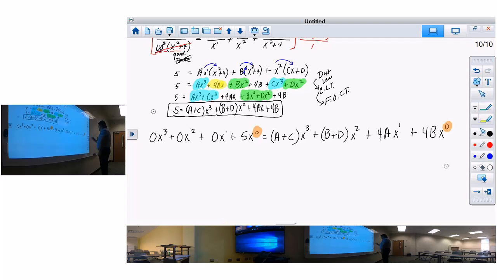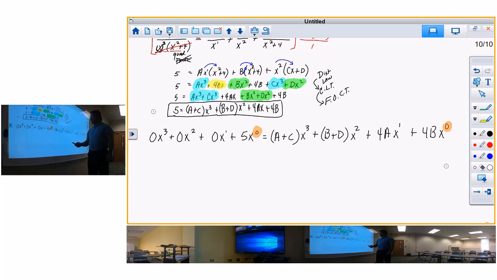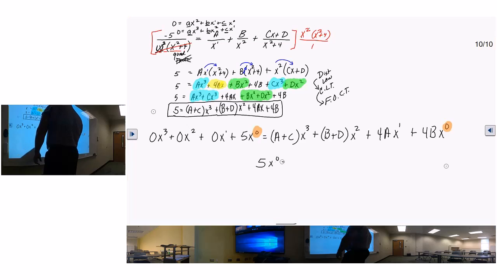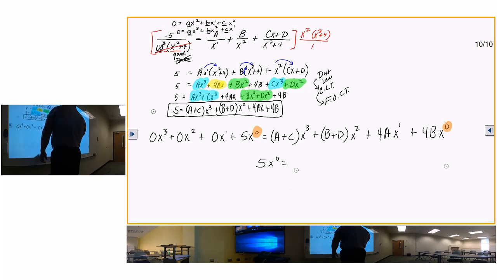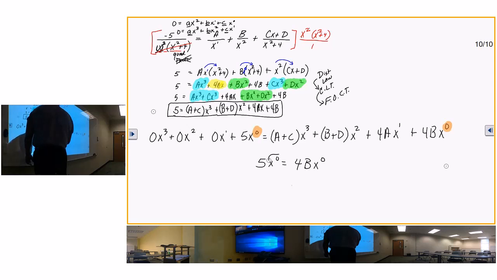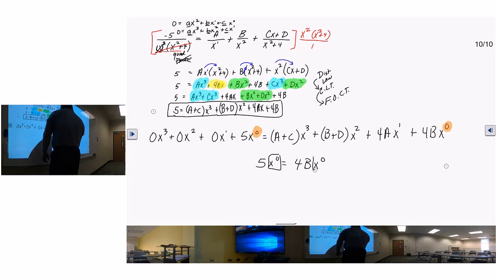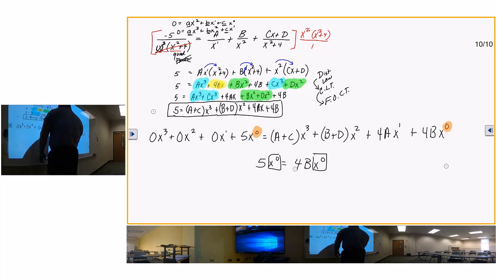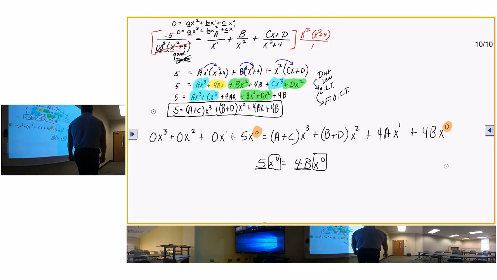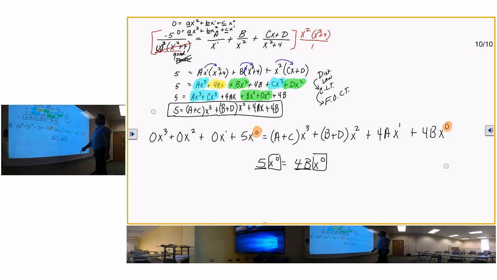So I'm going to go down here, and I'm going to say, okay, 5x to the 0 is equal to 4b x to the 0. Now, since these two are the same variables, I can say that this coefficient is equal to this coefficient.